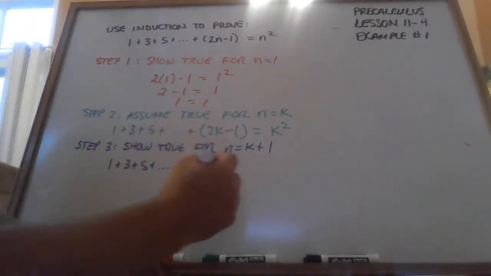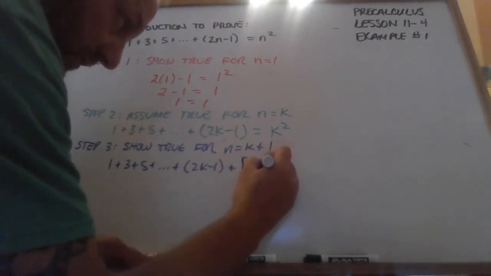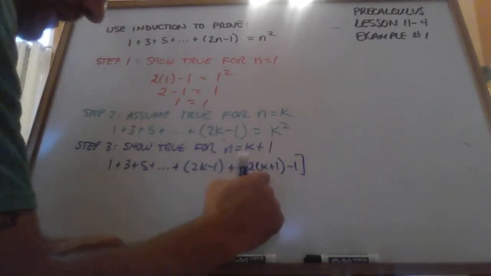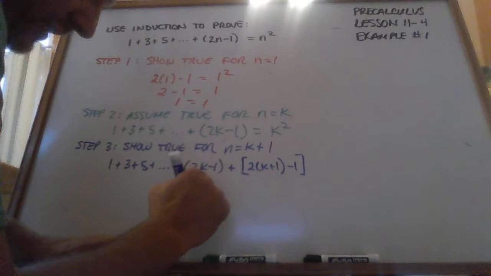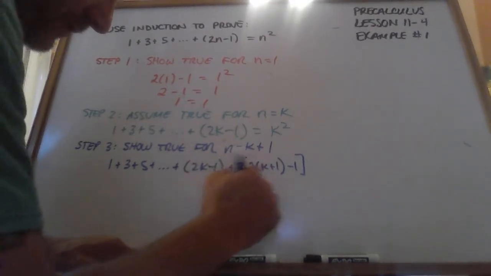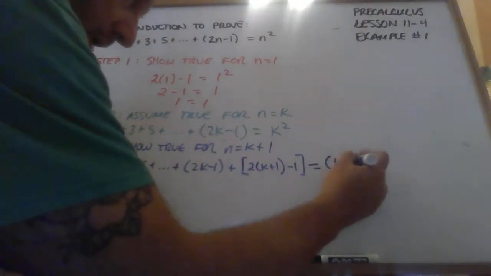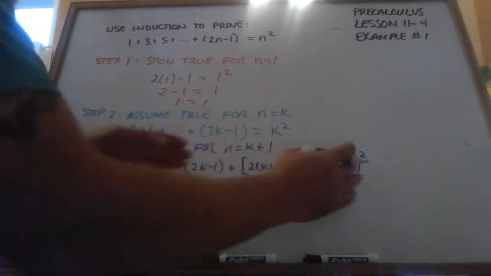So we need to add the k plus first term. That's going to be 2 times k plus 1 minus 1. Now notice that k plus 1 is in parentheses. It needs to be in parentheses because it's 2 times k. So it's going to be 2 times k plus 1 minus 1. Okay, and that's going to equal k plus 1 squared. Now I just got to prove these two things are equal.